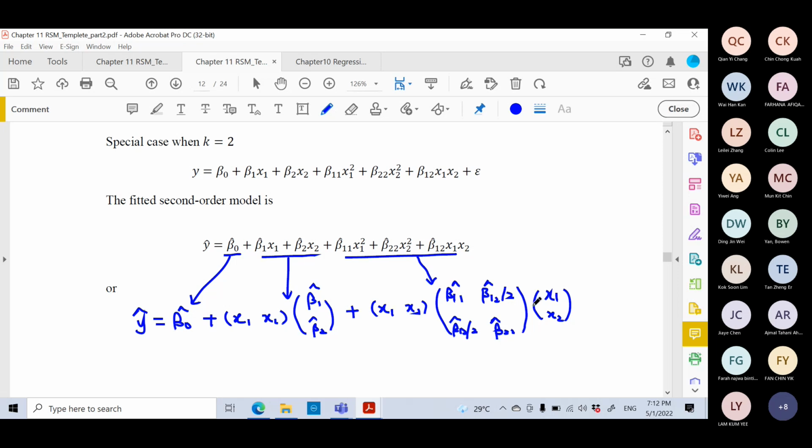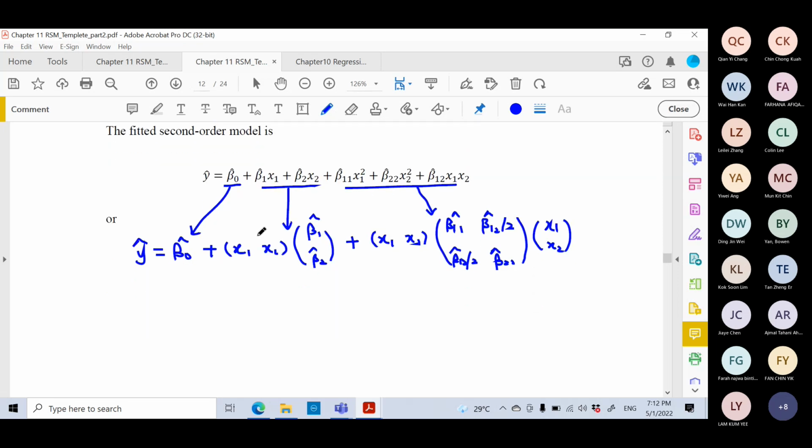This is equal to beta naught hat plus x transpose, where x is written in the following way and is a vector, multiplied by this thing, which I call b. This whole thing is the vector b.